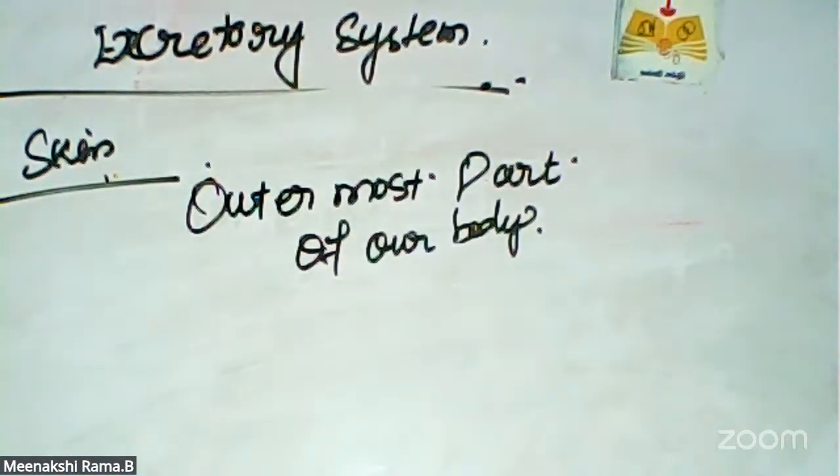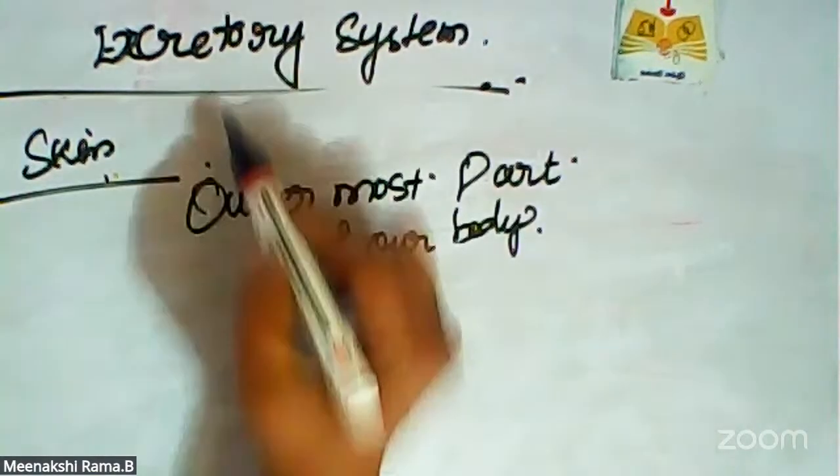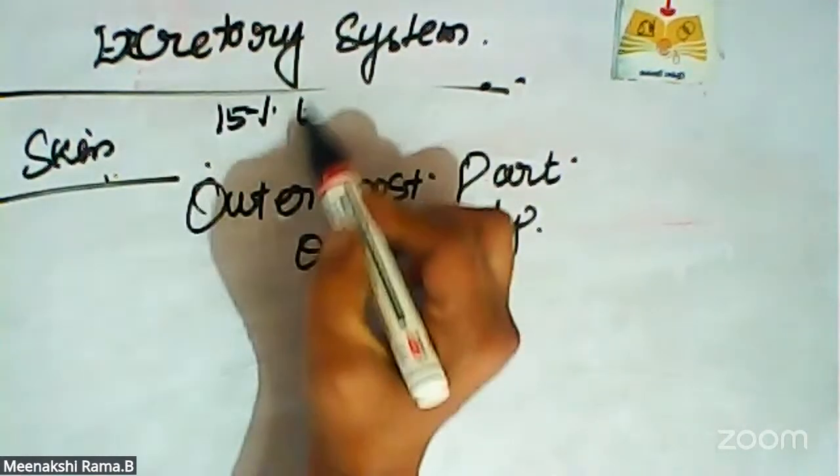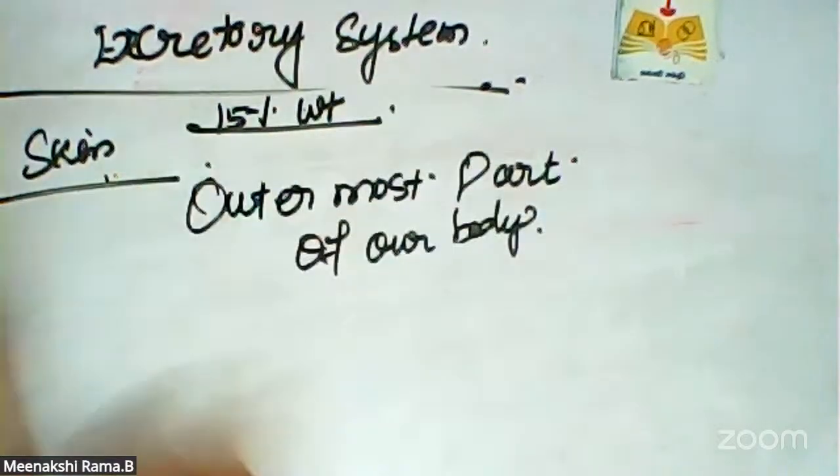So it stretches all over the body in the form of a layer. Okay, so skin is 15% of an adult's body weight.